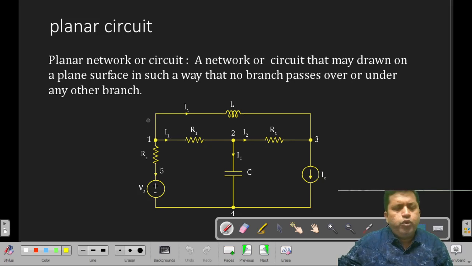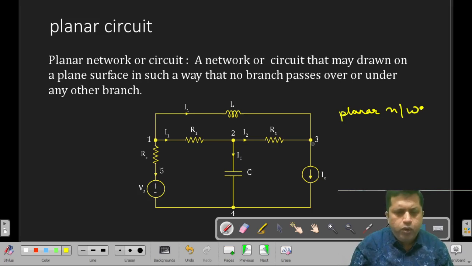L is not overlapping R1, R1 is not overlapping R2, and no branch passes over or under any other branch. Such a network is known as a planar network.